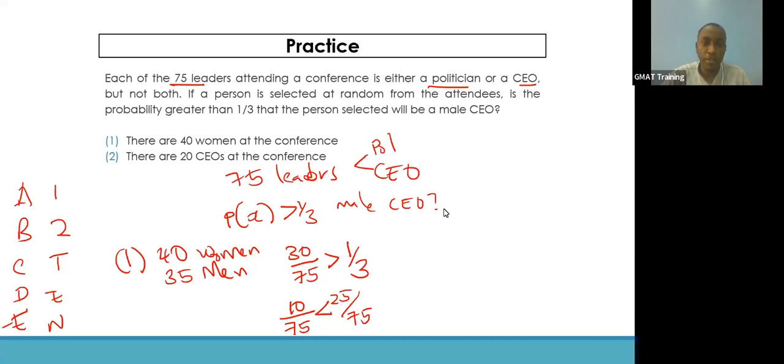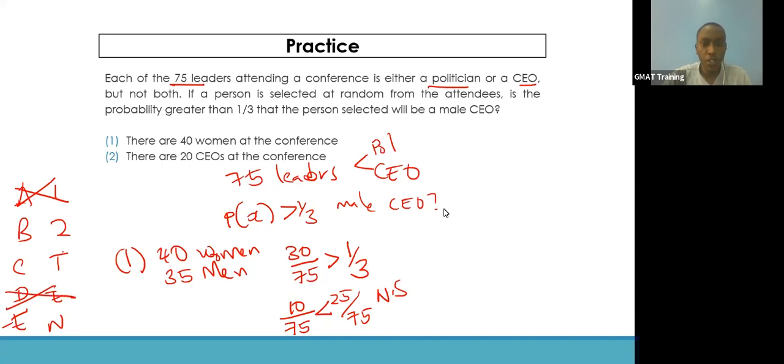But if you have 10 men out of these 35 men that are CEOs, then you have less than 25 over 75, which is a third, and the probability will be less than a third. So in this case, this statement is not sufficient. The statement is not sufficient, and therefore, one is out, and D is also out.